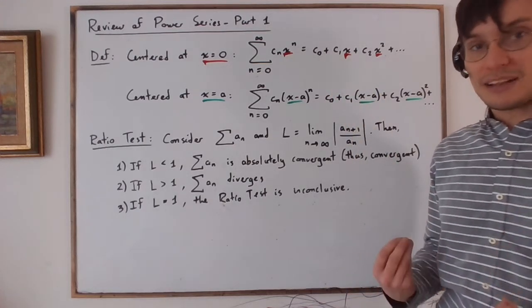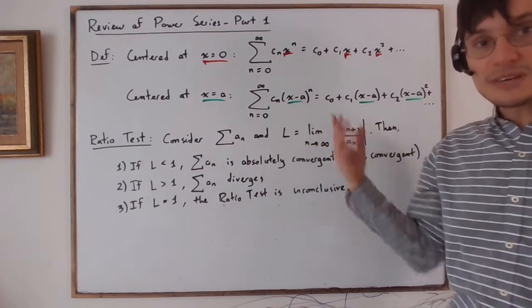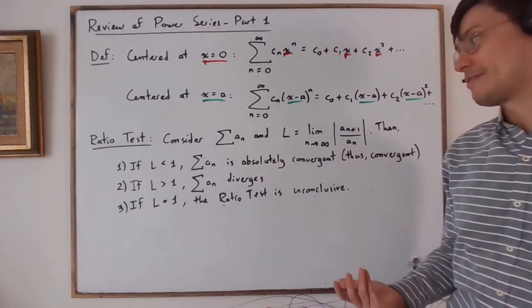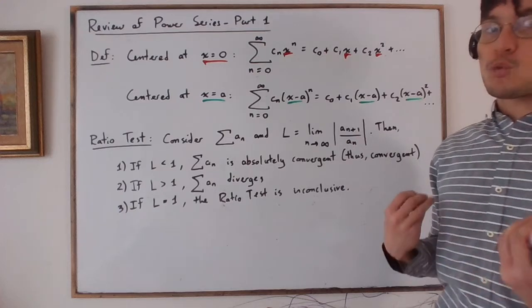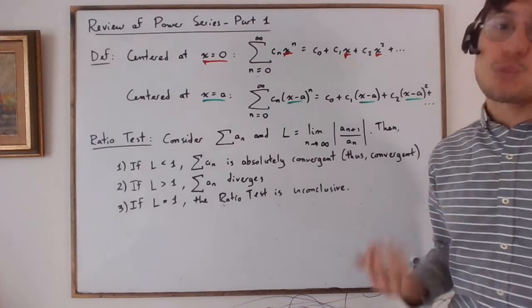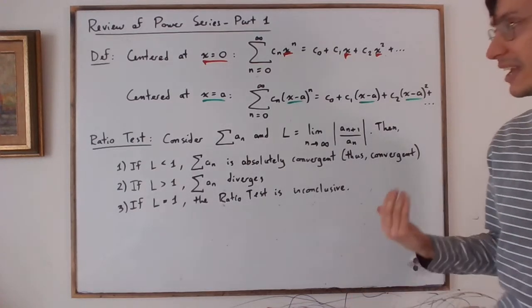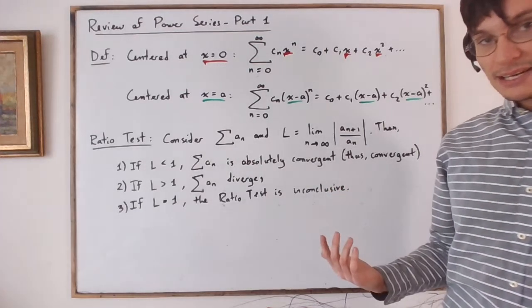For each value of x that you choose to substitute in here, the series you will get is a numerical series that could either converge or diverge. So now the question becomes, for which values of x are these series convergent, and for which values of x are they divergent? To answer that question, we're going to use two main tests.